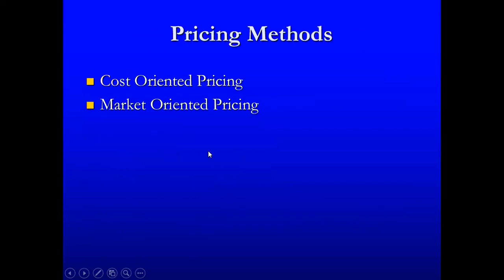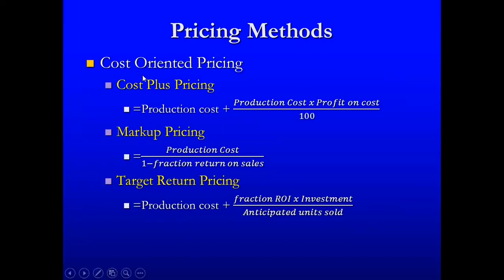Then pricing methods are two. One is cost-oriented pricing, the other is market-oriented pricing. These three are cost-oriented pricing. One is cost plus pricing. The selling price is equal to production cost plus production cost multiplied by profit on cost divided by 100.